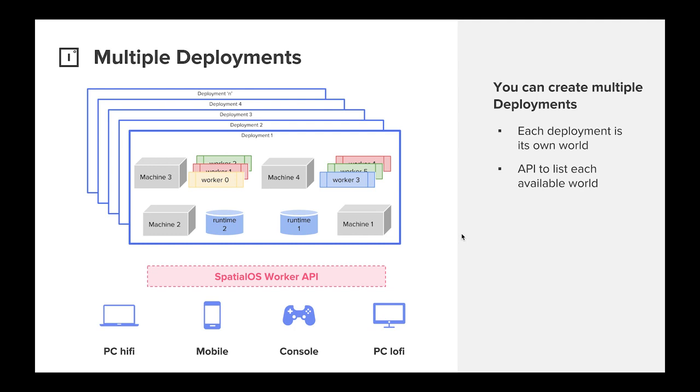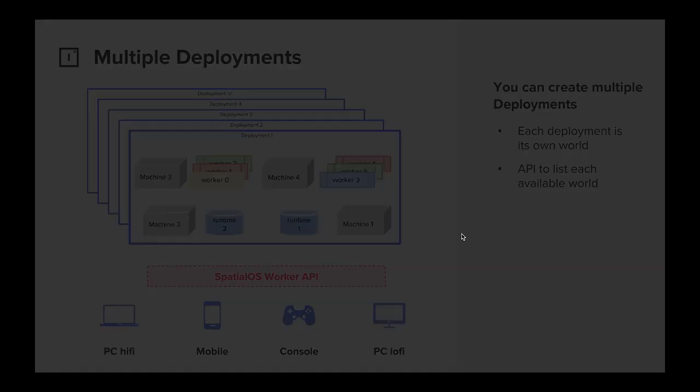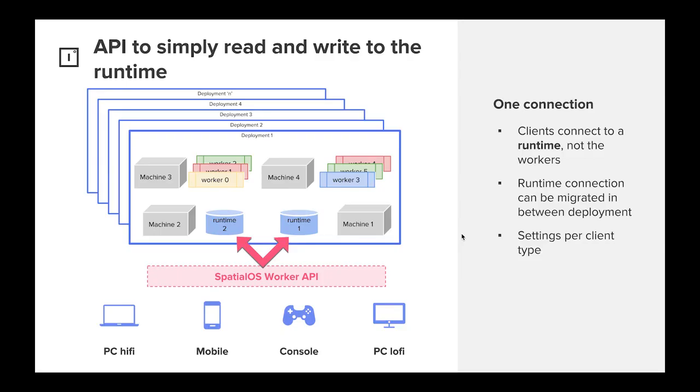So we've got a worker API. The same API you write your server-side code against is the same API you write your client-side code against. Now, the important thing to remember is your clients, your mobile, console or PC games, are no longer connecting directly to a game engine. They connect to our runtime. So the runtime forms a man in the middle.